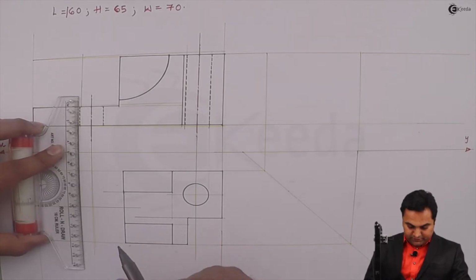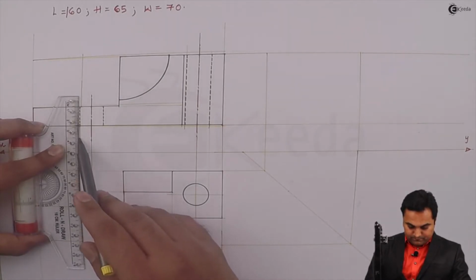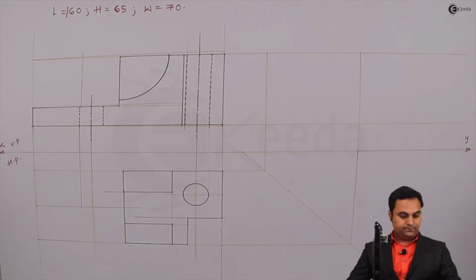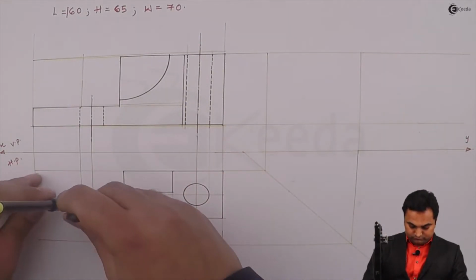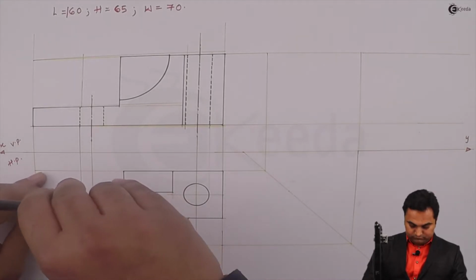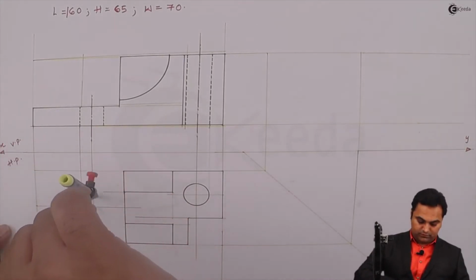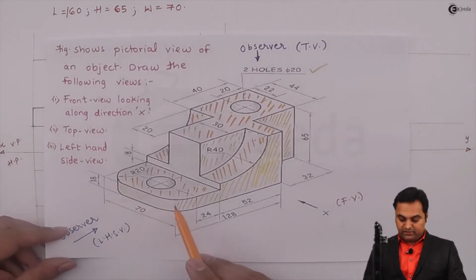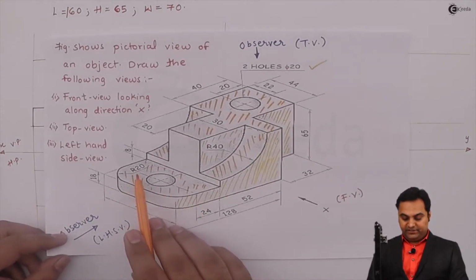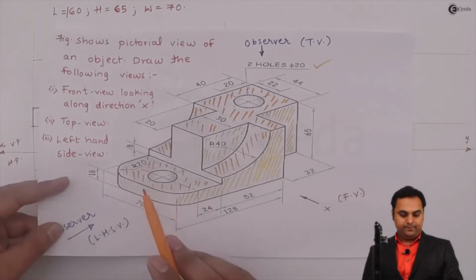So getting the radius of the circle. This circle will be seen from the top. Next, here the corners they are curved, and it is having a radius of 20 mm.